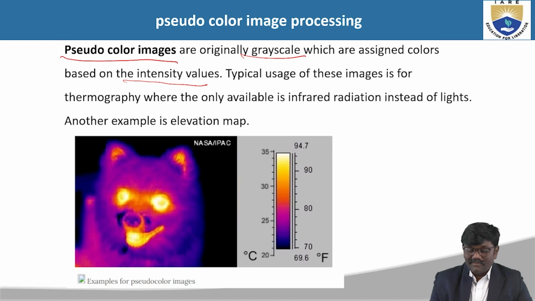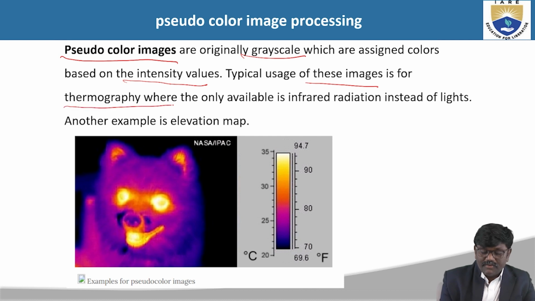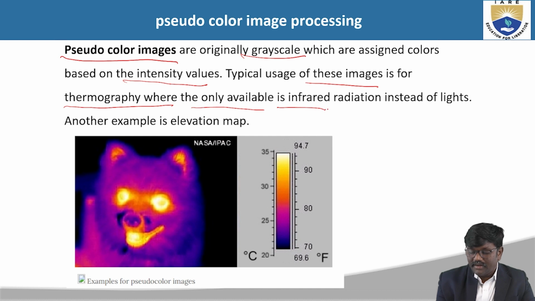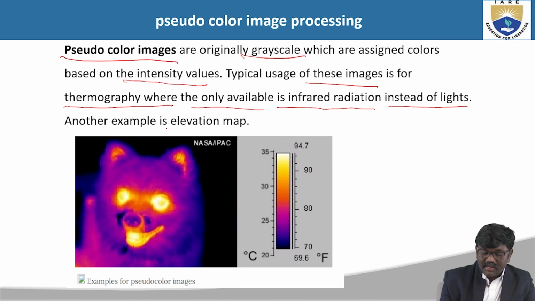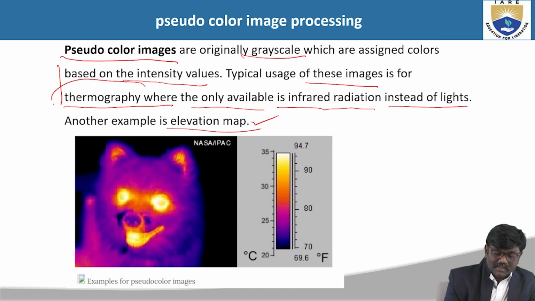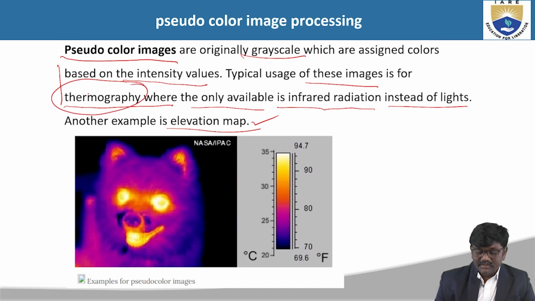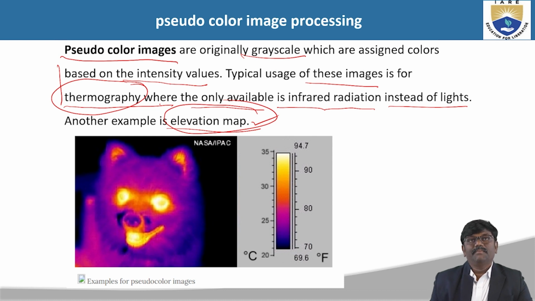Typically, usage of these images is for thermography, where the only available is infrared radiation instead of light. Another example is elevation mapping. So one is the thermographic example, and the second one is the elevation map.